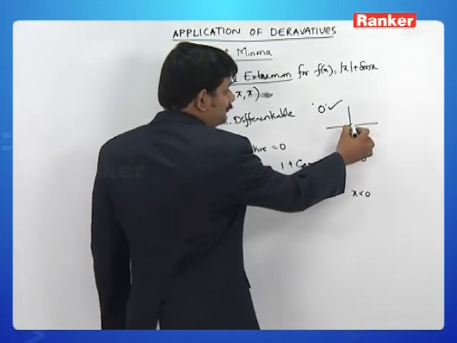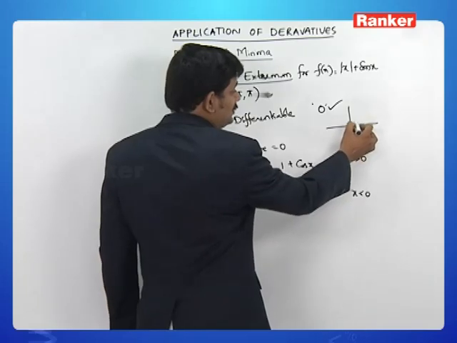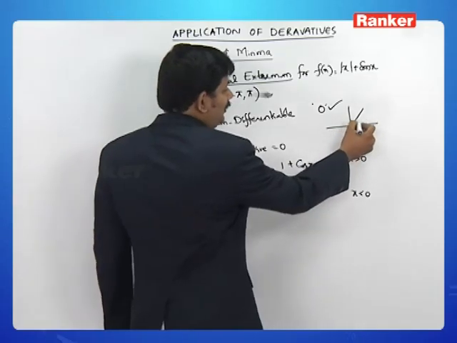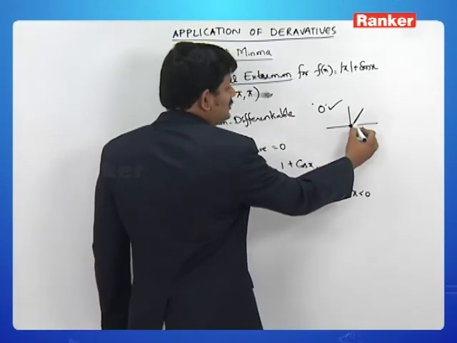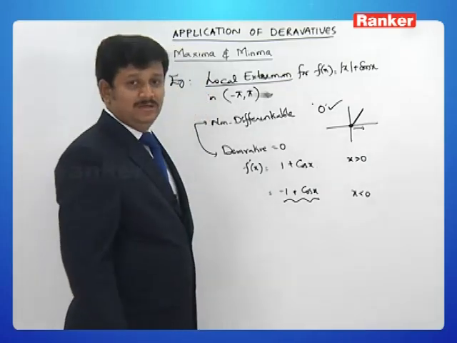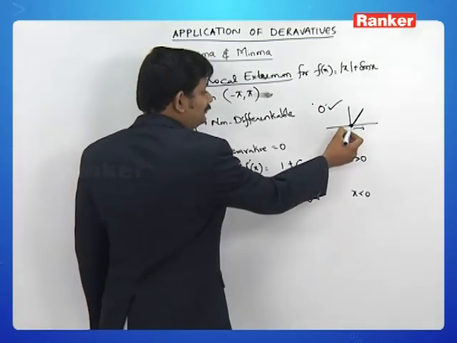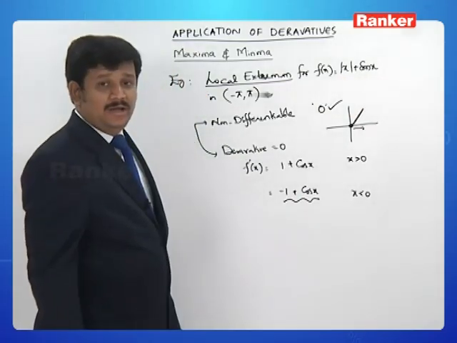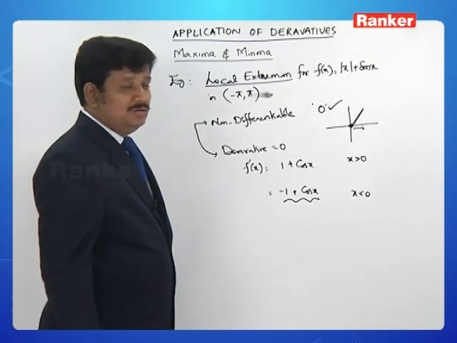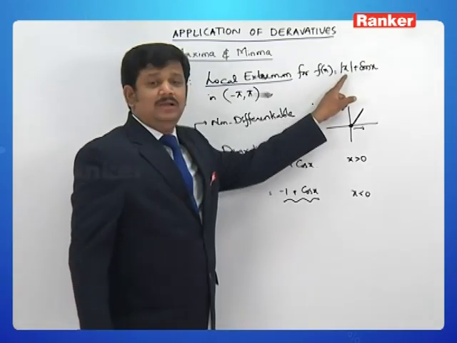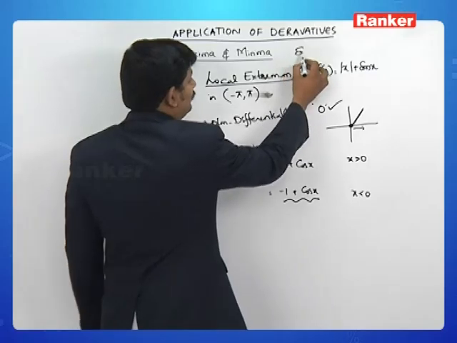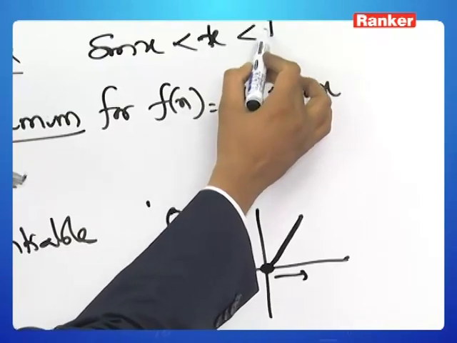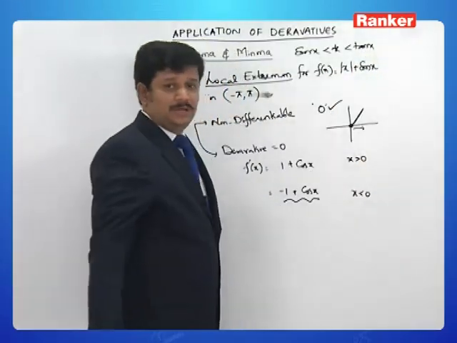To the right, x is positive, sin x is positive, and slowly the values start increasing. So when we move forward along the positive x axis from the origin, we will have some positive functional values. And to the left, sin x is negative, mod x is positive, and we know sin x values are smaller than the values of x. We have a very important inequality which says sin x is less than x is less than tan x from 0 to pi by 2.